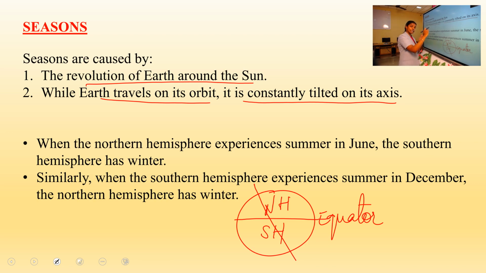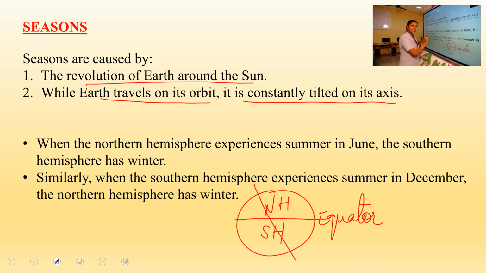The part which faces the sun, as we studied in rotation, will have daytime, and the part of the earth which is turned away from the sun will experience night time. But in revolution in a year, there is a time when the northern part of the earth will face the sun. Okay?